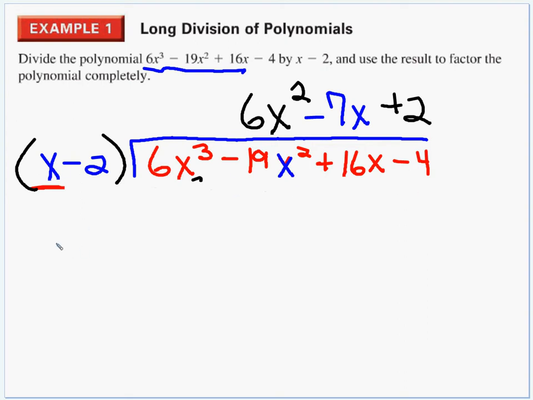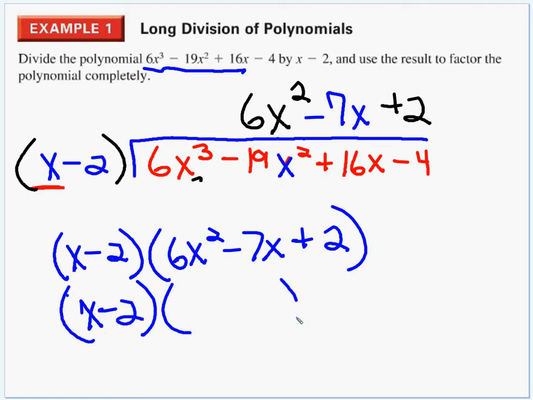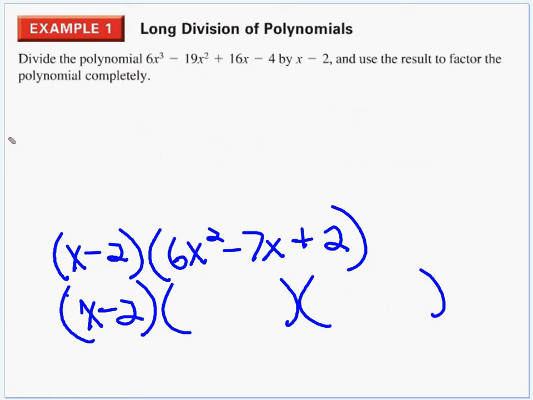We divided out the factor x minus 2, and that left us up top 6x squared minus 7x plus 2. Now we should be able to factor the rest of this into a couple of binomials. So this binomial will stay, x minus 2. And then here, this 6x squared minus 7x plus 2 should break down farther.